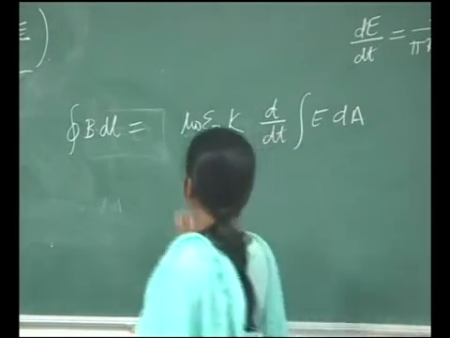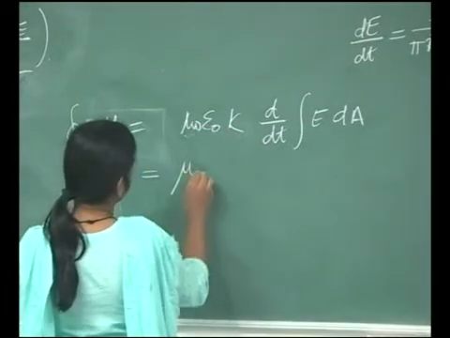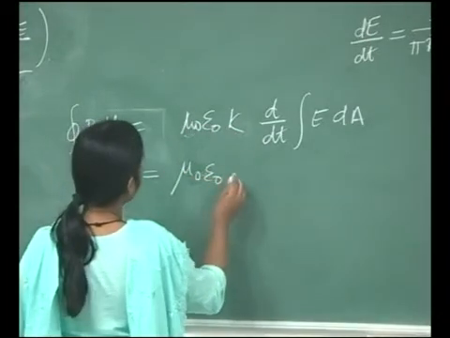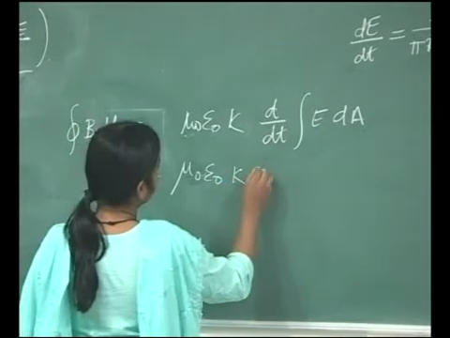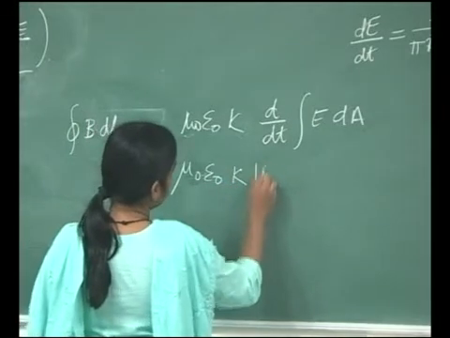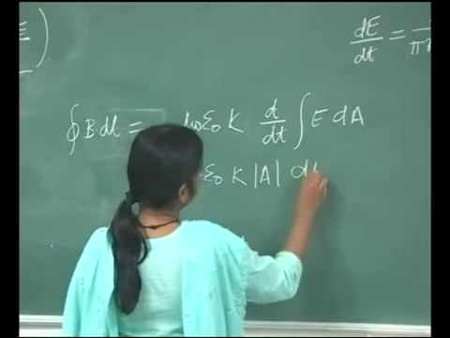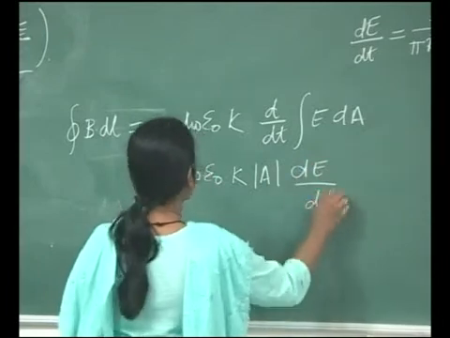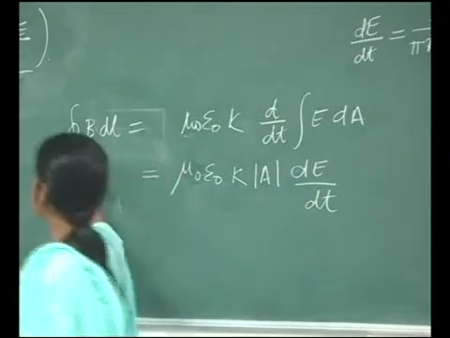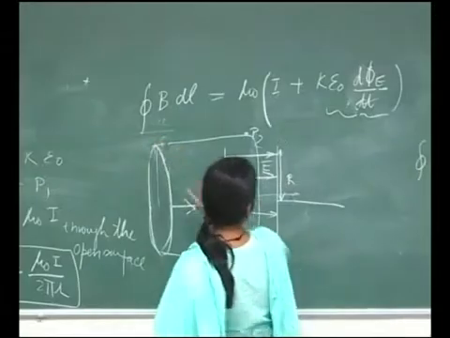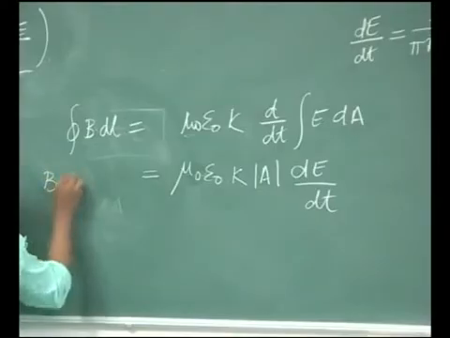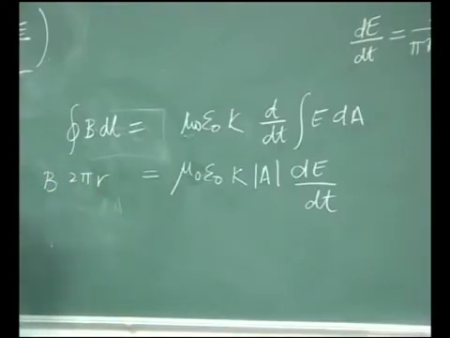So, I can write here that this is equal to mu naught epsilon naught k, magnitude of A into dE by dt. And this here, because this is my loop, is B into 2 pi r.